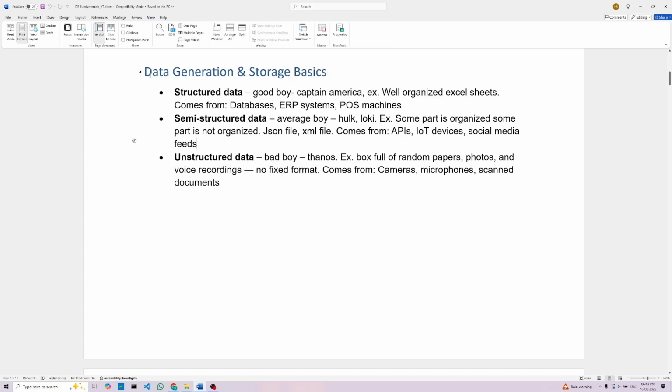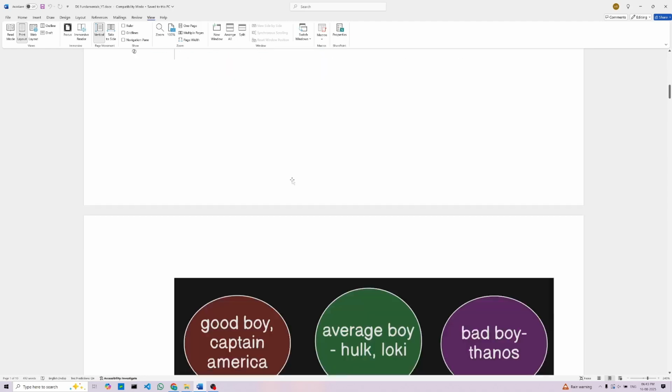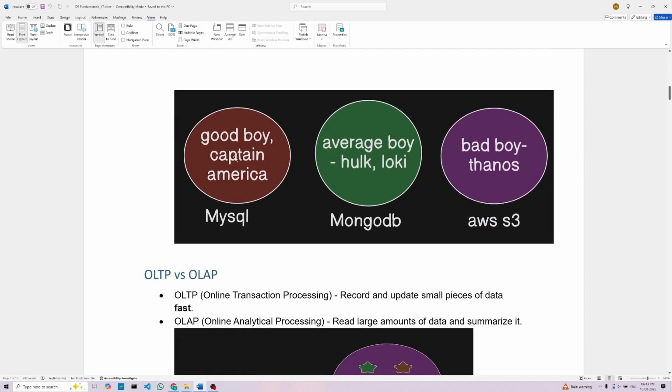Next is data generation. Okay, so how is data getting generated? What are the types of data that get generated? As you can see, there are three different types. For easy understanding, we will consider them as three different types of boys. One is a good boy, one is an average boy, and one is a bad boy. We will look at this diagram to understand it better.